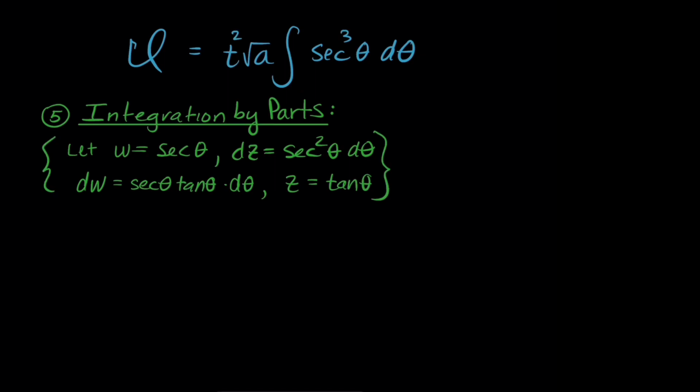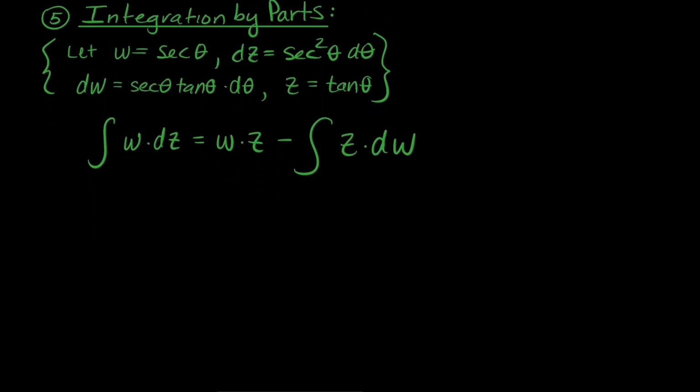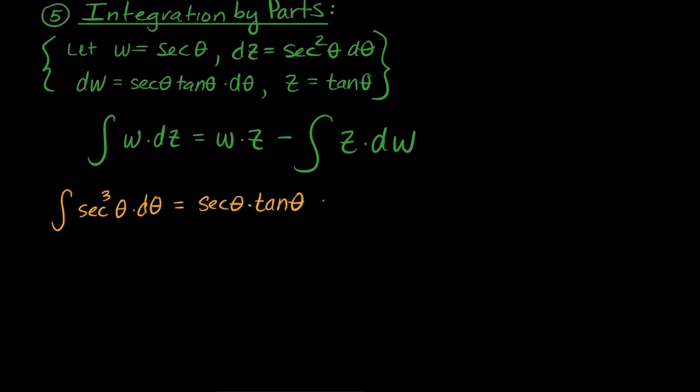Z would work out to be tan theta. And the integration by parts formula is the integral of w dz will be equal to wz minus the integral of z dw. Substituting in our values here, we get the integral of the secant cubed theta d theta is equal to secant theta tan theta minus the integral of tan squared theta secant theta d theta.